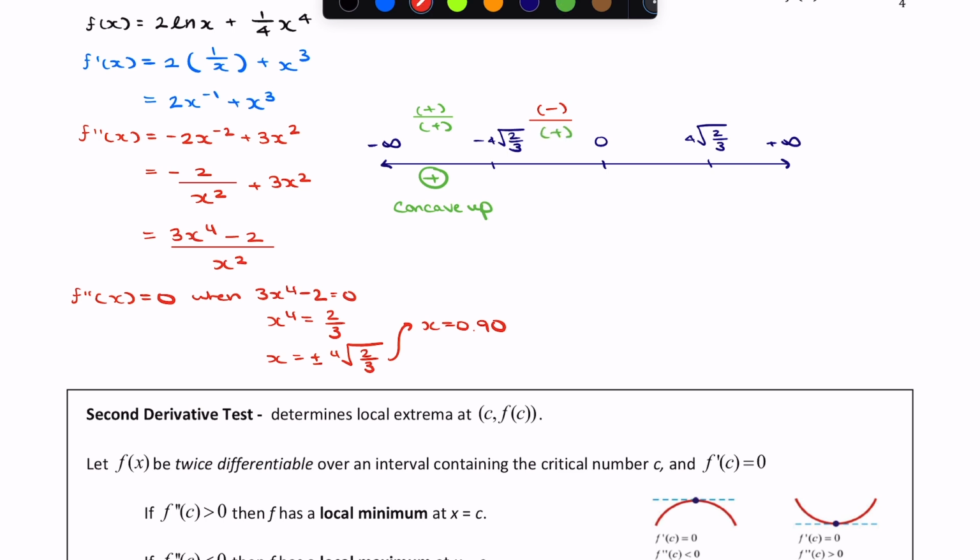So the overall function would be negative, which means it is concave down. And then from 0 to fourth root 2 over 3, we sub in 0.5, still get a negative answer in the numerator and a positive answer in the denominator, so that is also negative, which is concave down.